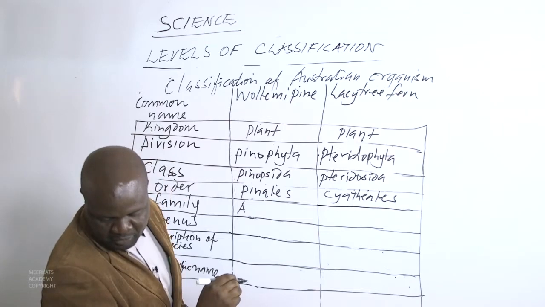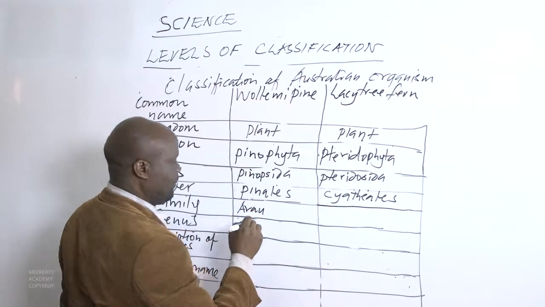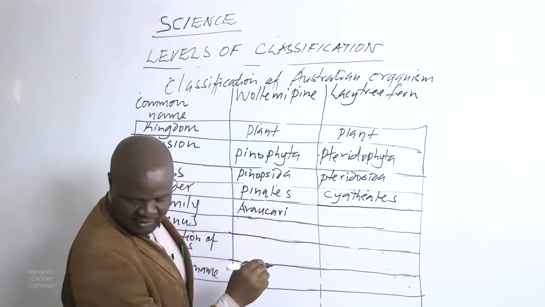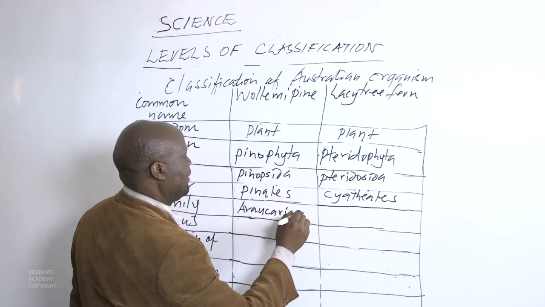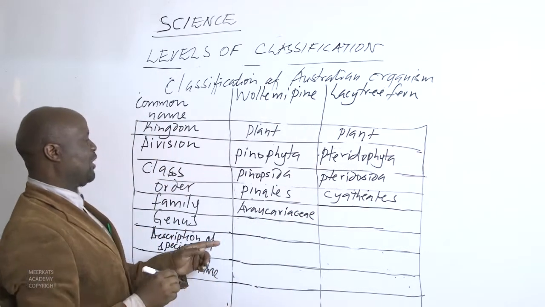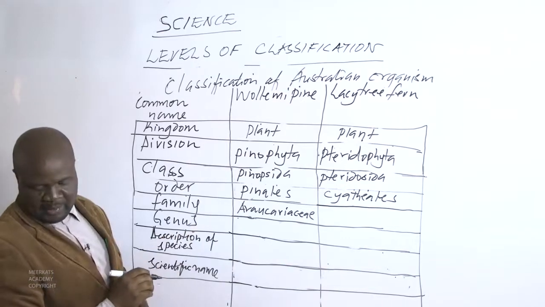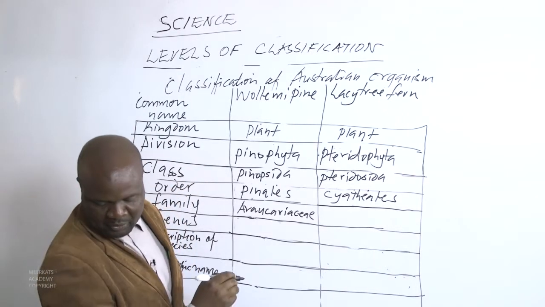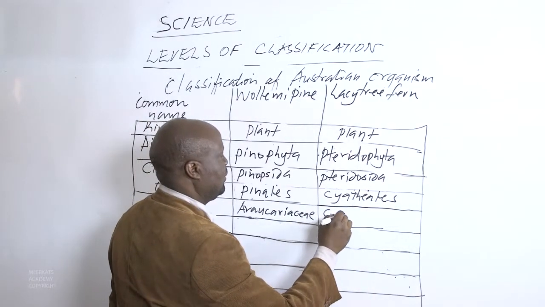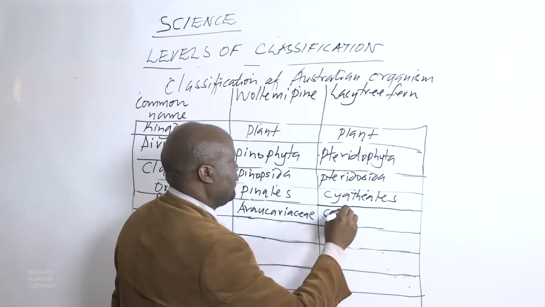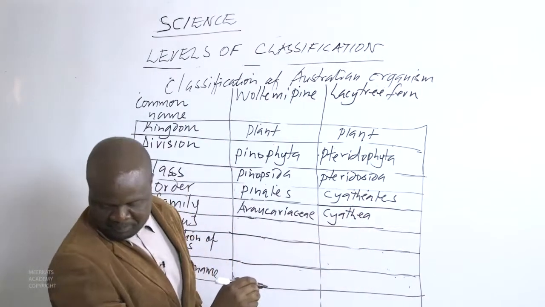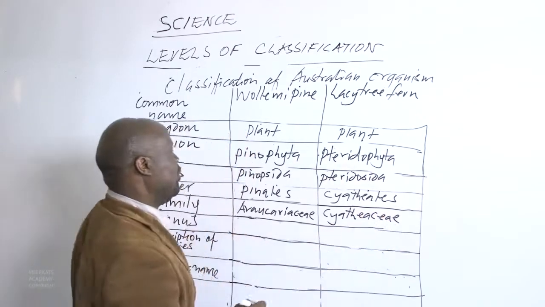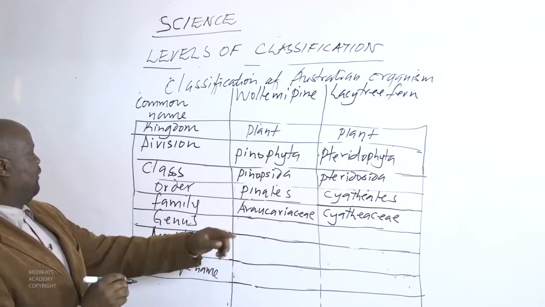This one belongs to the family Araucariaceae, and when you go to the lacy tree fern, it belongs to the family Cyatheaceae, so their families are different.